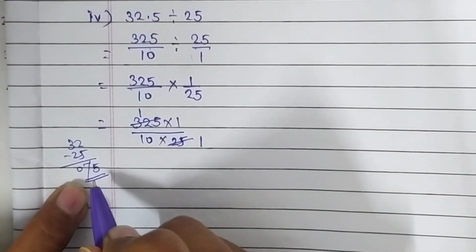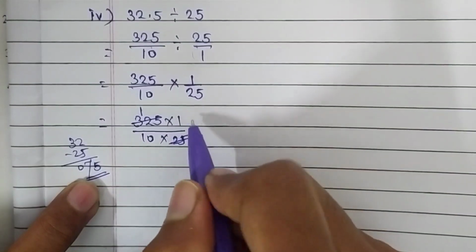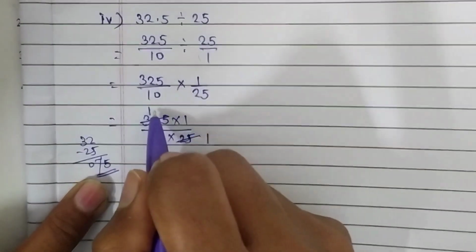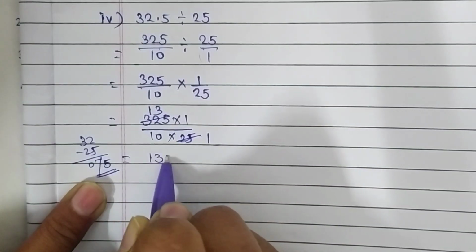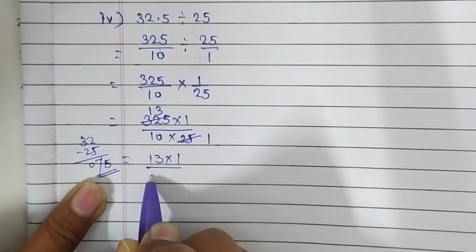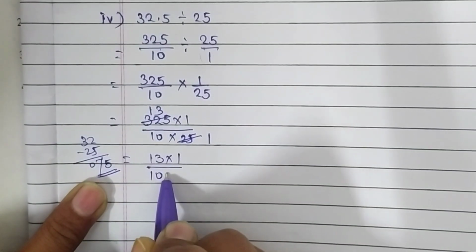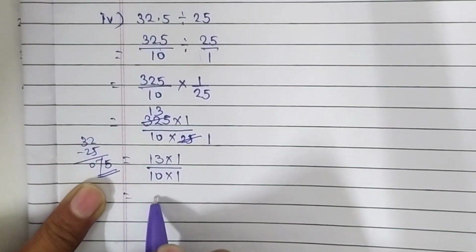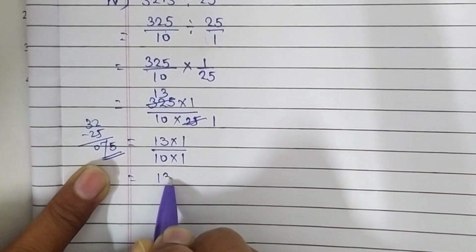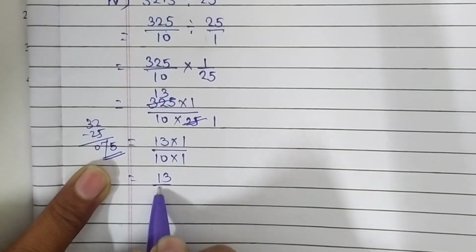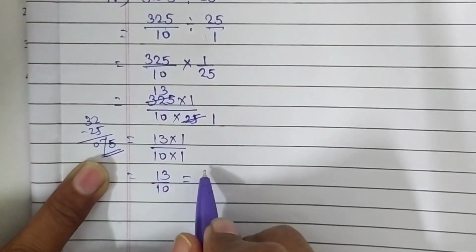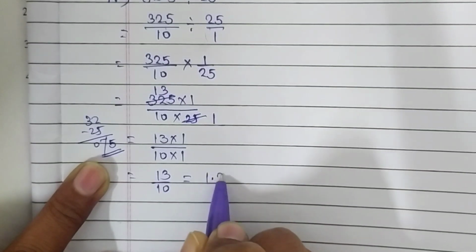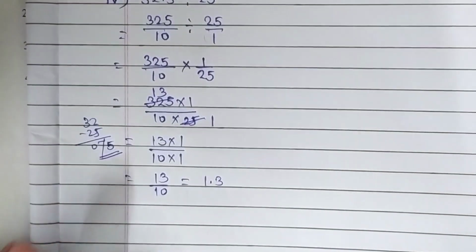Now it has 75 and 25 threes are 75. So 13 multiplied by 1, and on the denominator side we get 10 multiplied by 1. 13 upon 10, the number we get as a decimal fraction is 1.3. It's easy.